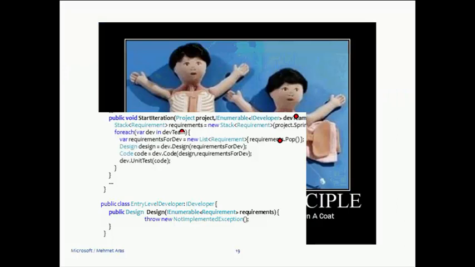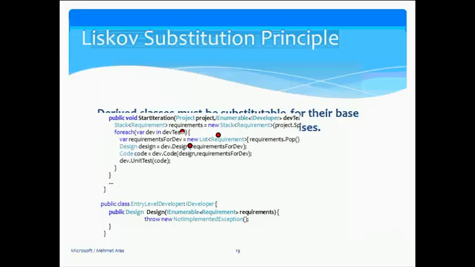So the developer is doing a design, code, and unit testing. That's pretty straightforward. Get a requirement, assign it to a developer, and the developer designs it, codes it, and unit tests it. I wish it was this straightforward in reality, but it's a simple code that illustrates this.